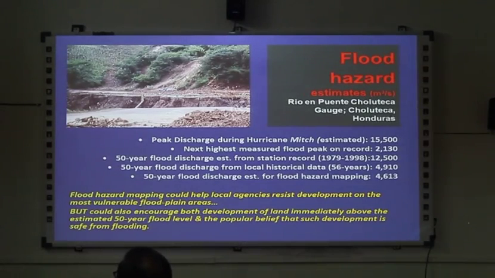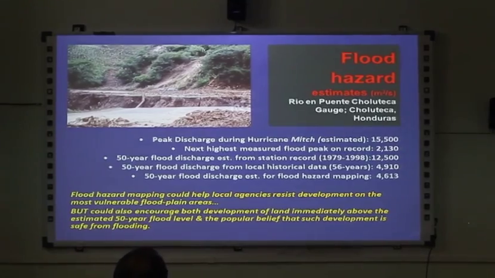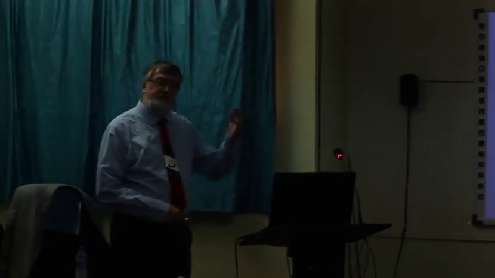But now you go to Choluteca and people say, okay, I'm not going to build my house on the 50-year floodplain because it can be destroyed. But if I go just above it, I'll be fine. And development is trusted on maps.